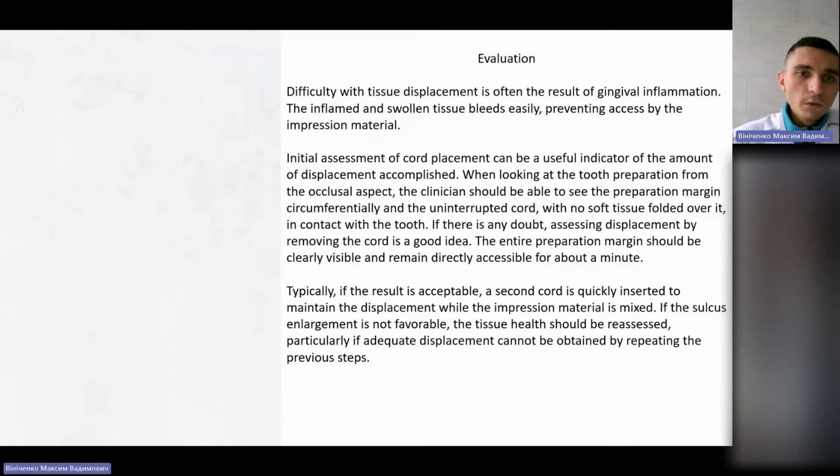So initial assessment of cord placement can be a useful indicator of the amount of displacement accomplished. When looking at the tooth preparation from the occlusal aspect, the clinician should be able to see the preparation margin circumferentially and the cord with no soft tissue folded over it in contact with the tooth. If there is any doubt, assessing displacement by removing the cord is a good idea.